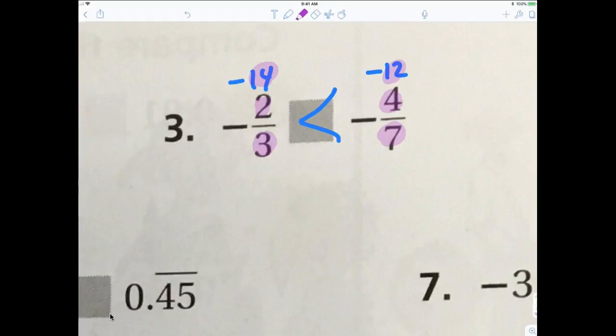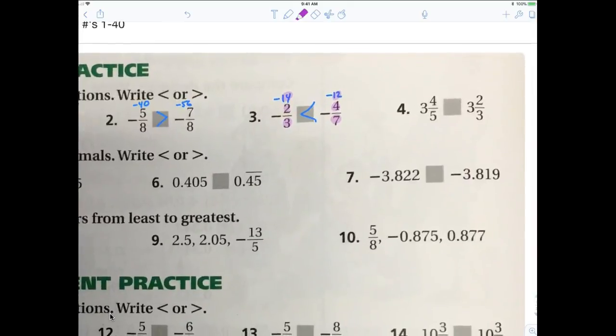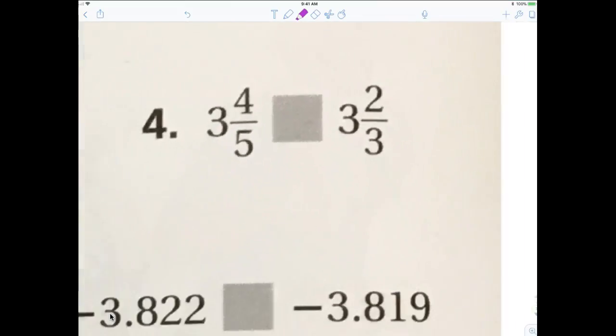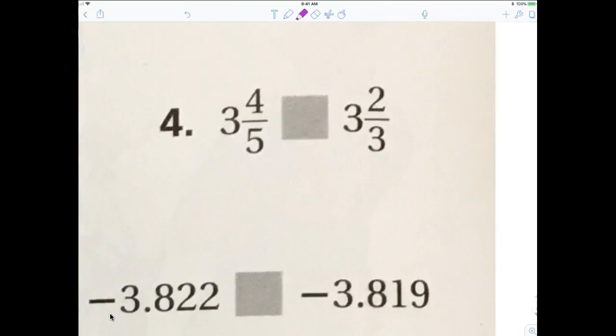This is a different technique, okay? You could get common denominators, but I'm showing you a quick way, okay? Now, look right here, guys. Do you agree they're both 3? So do I really even care about that? No. I'm really just comparing the 4/5 to the 2/3, right?